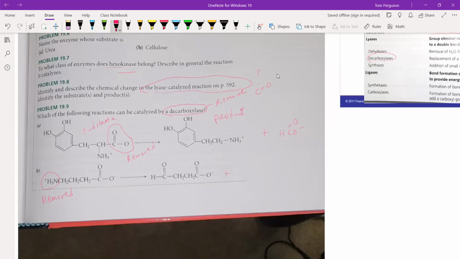So you have to have two substrates here, and that would be transferred to that.